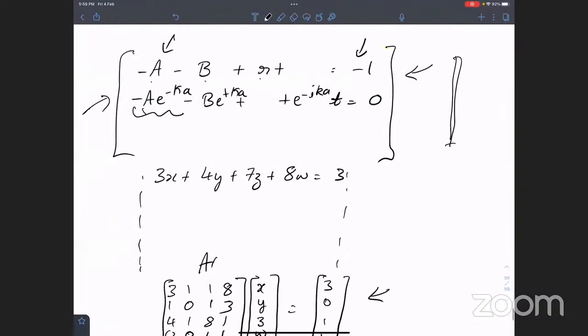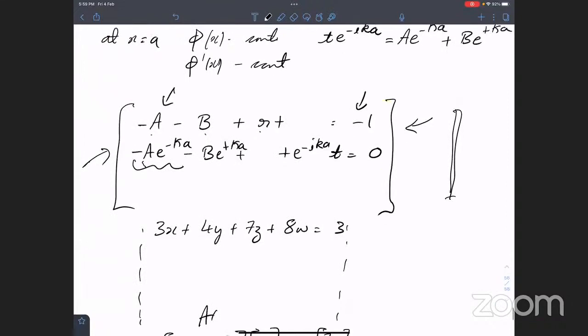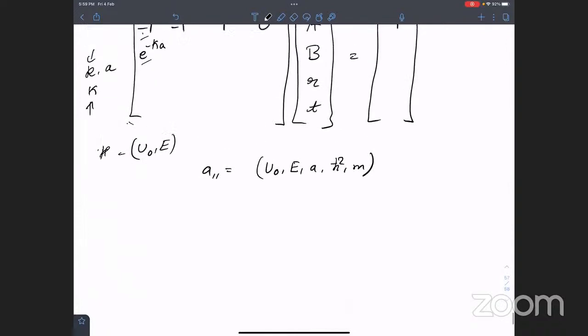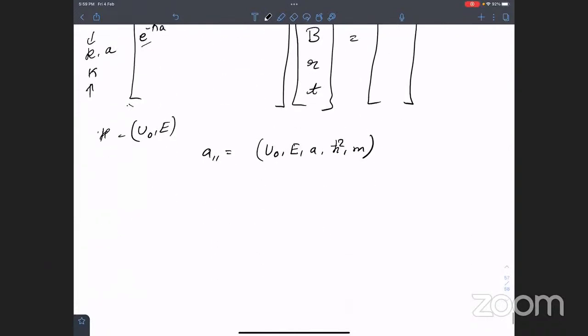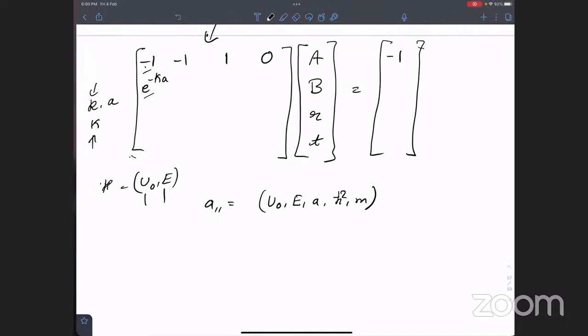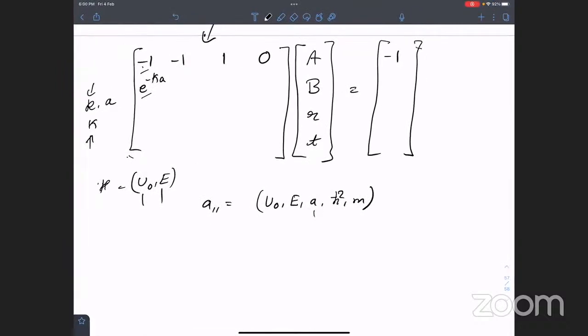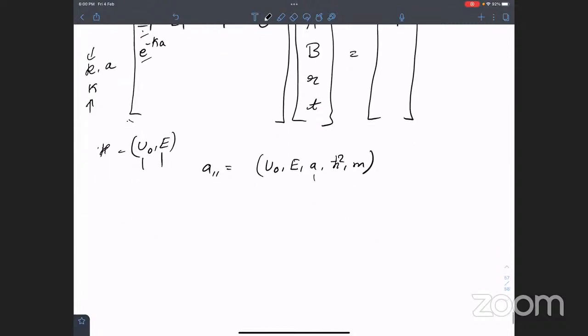You'll get an equation like this, which will be functions of the constants K, A, and kappa. So if I give you the value of E, the value of U0, the value of A, everything, then you can ask the computer, and it will simply give you a numerical value, right?